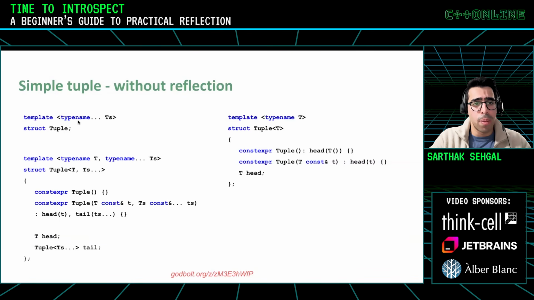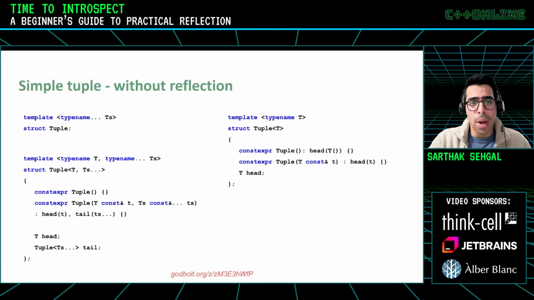It takes variadic template arguments, types Ts, so a bunch of types. These could be heterogeneous types. I'm trying to implement this tuple where I want to store each type inside it. So if I have a tuple of int, bool, and char, I want the user to be able to store an int, bool, and char in this tuple.